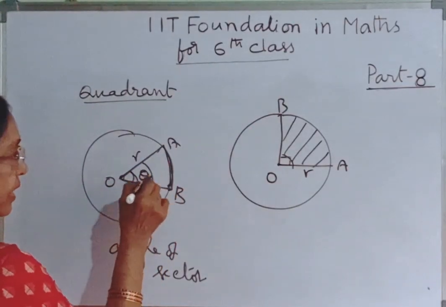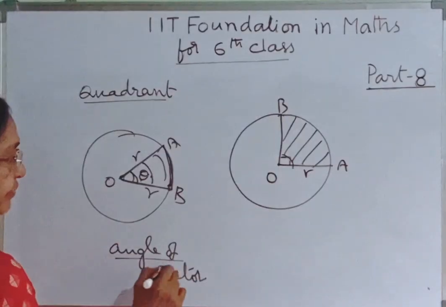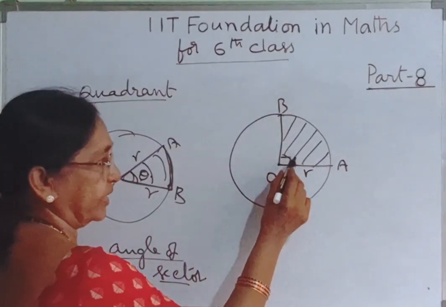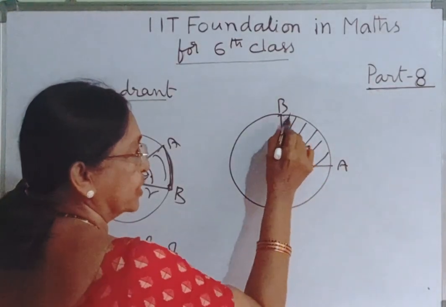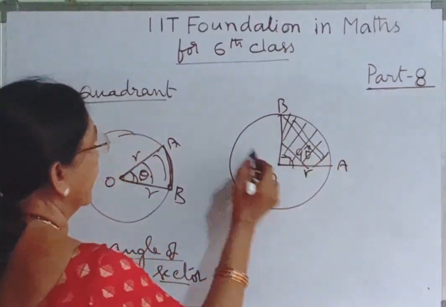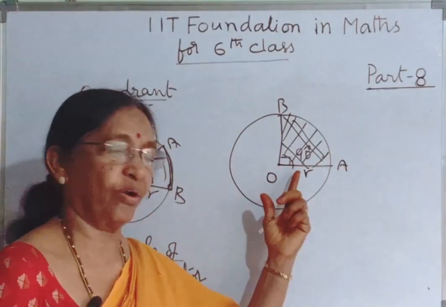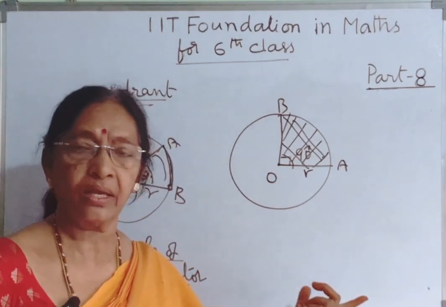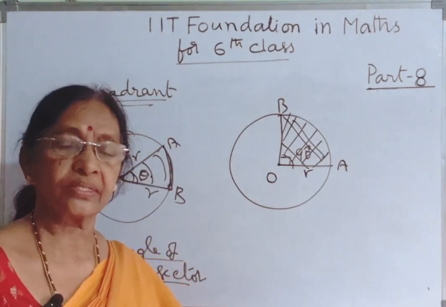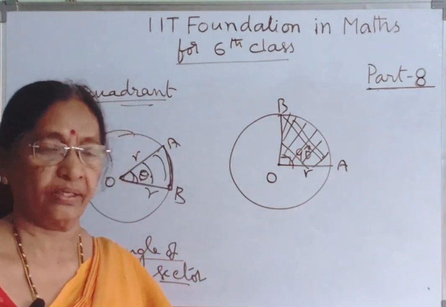This is a sector and its angle is the angle of sector. Here if the angle of sector is 90 degrees, then this portion is called a quadrant. A sector whose angle is 90 degrees is called a quadrant. This is 1/4 of the circle.